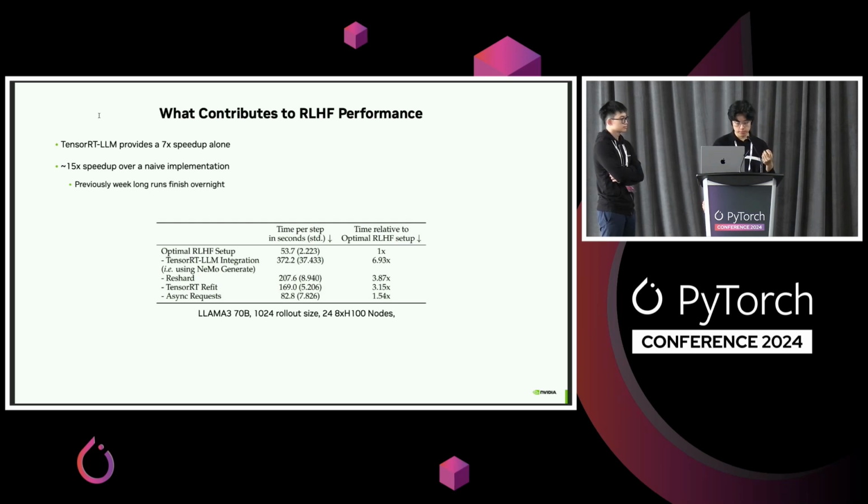Overall, our perf uplift against a naive implementation is 15x, which is really big. 15x is huge. It's like if previously your run took a week, you can now finish it overnight. So it's really important to have really great perf, and it's really important for productivity too, because now that your experiments run fast, you can also iterate really fast, which we found to be really important.